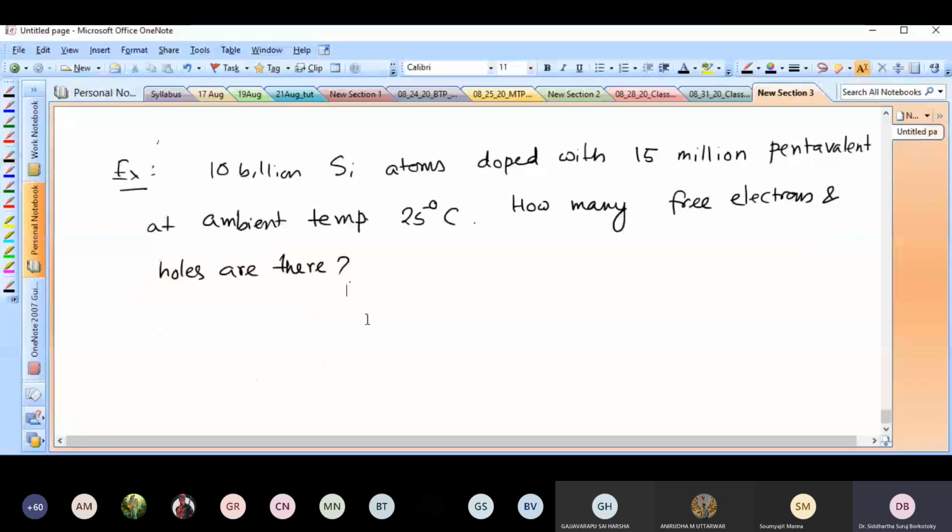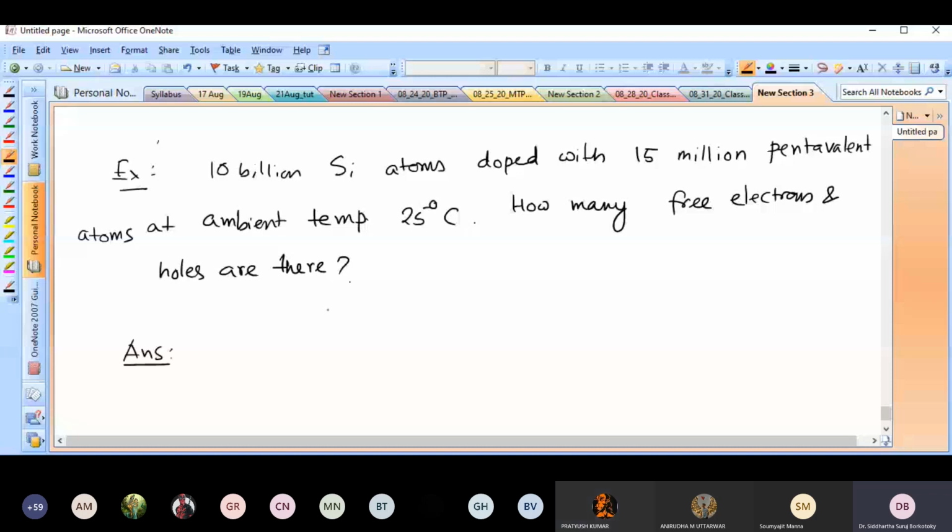So if you have a piece of silicon crystal that had 10 billion silicon atoms, and now you manage to dope that with 15 million pentavalent atoms at an ambient temperature of 25 degrees, at room temperature, the question they are asking is, how many free electrons and holes are there in this particular semiconductor crystal? So does anybody have any answer to this? 15 million.